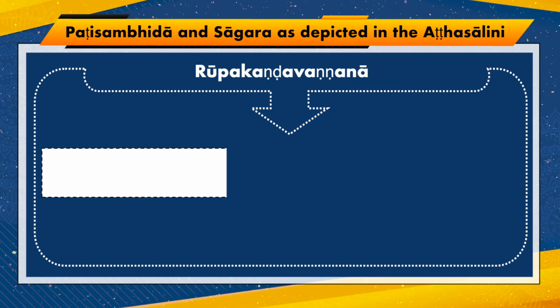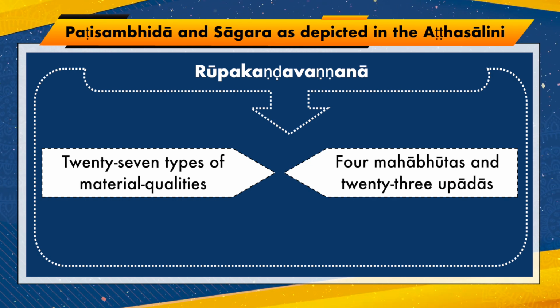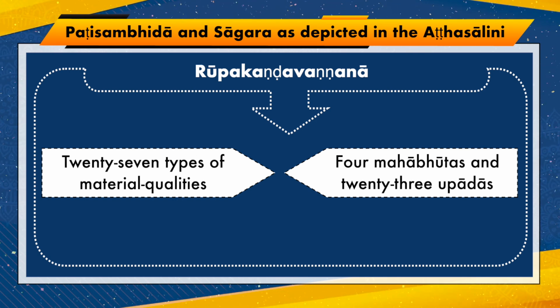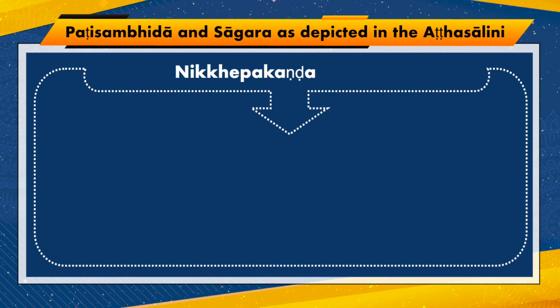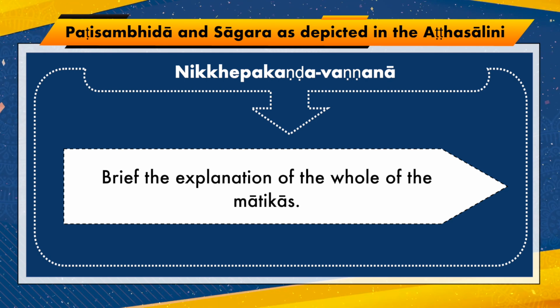The fourth chapter is Rupakanda Varnana, which explains 27 types of material qualities, 4 Mahabhutas and 23 Upadas. The fifth chapter is the Nikhepakanda Varnana, which gives in brief the explanations of the whole of the Matikas.